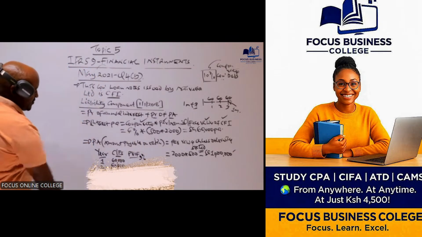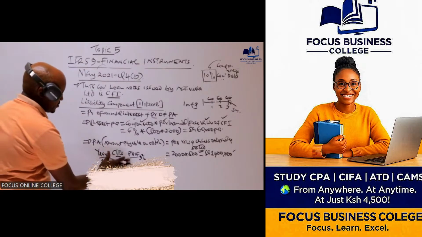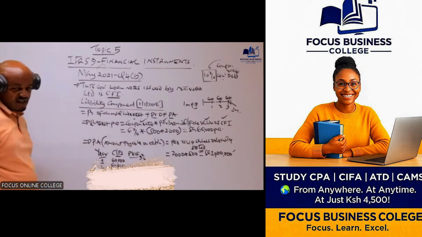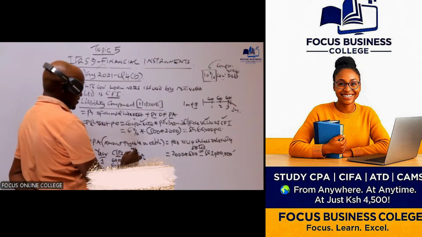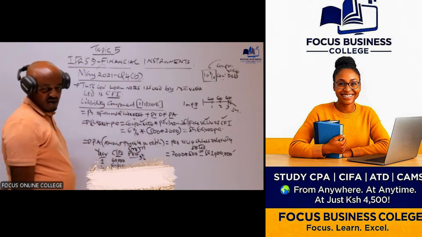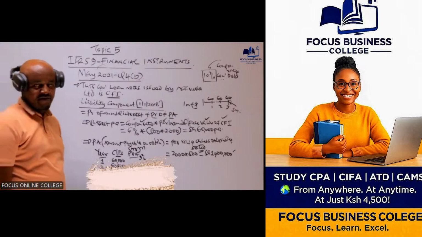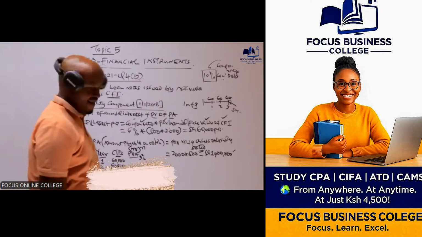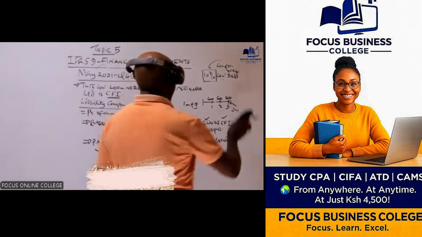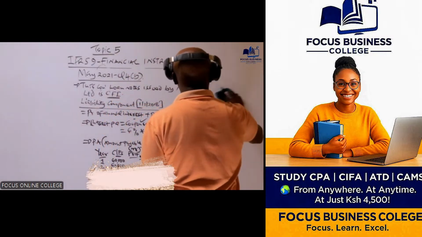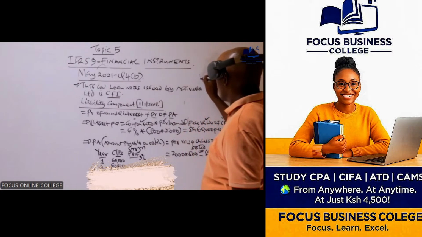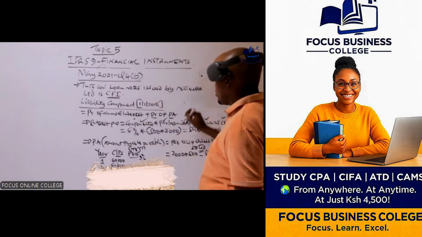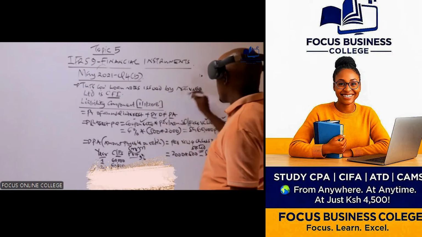So how do we compute these values? Mostly in financial reporting, you will not be given those present value interest factor tables, so you must remember the formula. The formula for this is (1 plus R) raised to power negative N. For example, remember our R is 9%.